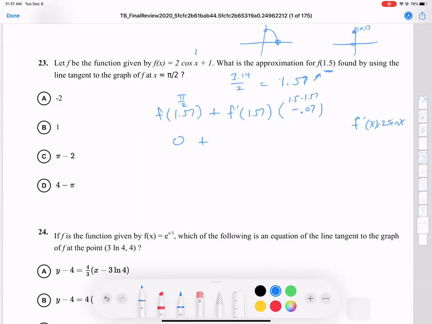The derivative of sine here, okay, is, what is the derivative of sine? Sine at pi over 2, plugging pi over 2 is 1, so it's going to be negative 2. And the difference here is, find the approximation of 1.5, and then slope is negative 2, and our difference is negative 0.07. Is that what they wanted?